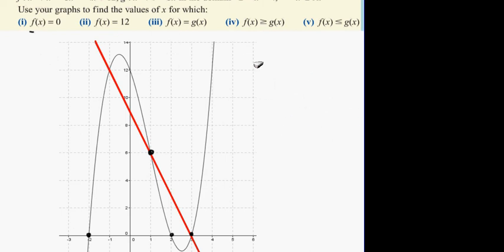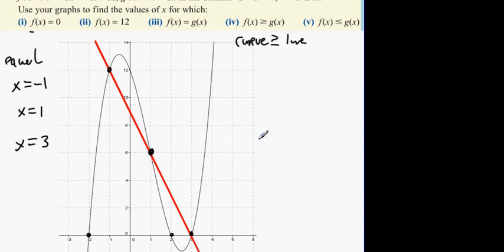It's asking me, when is the curve, because f of x is the curve, bigger than the line? Well, we know they're equal at x equals -1. And when are they equal again? X equals 1. And following that, they're also equal at x equals 3.